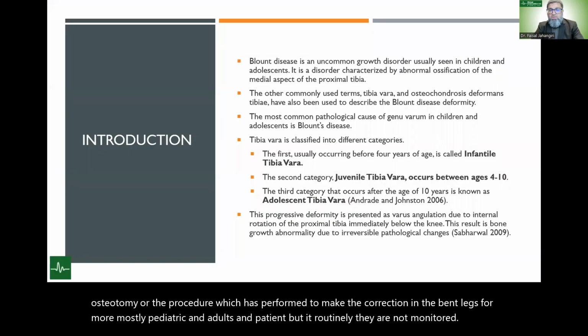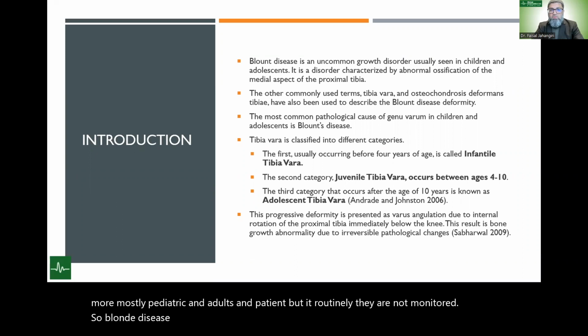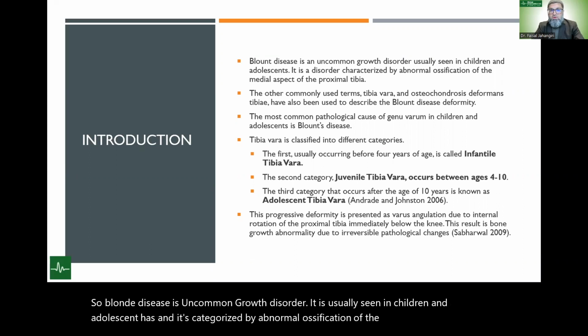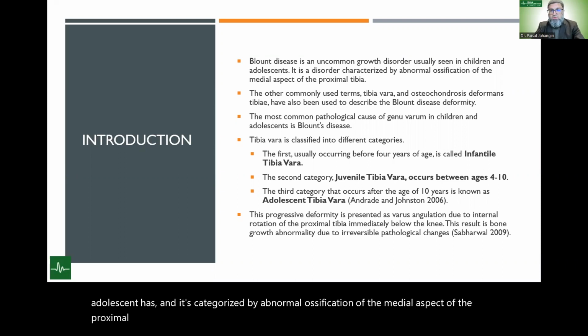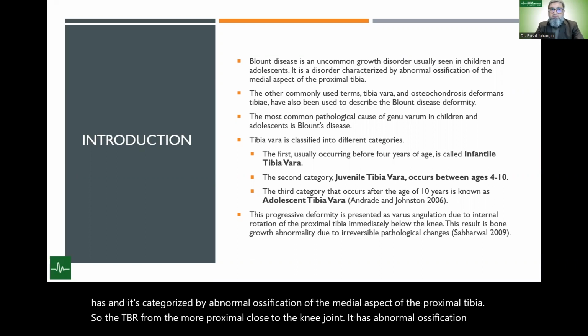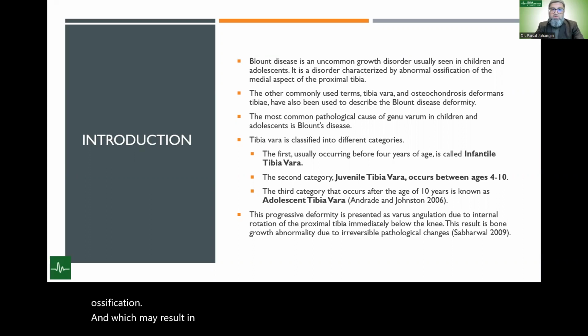So Blount disease is an uncommon growth disorder. It is usually seen in children and adolescents. It's characterized by abnormal ossification of the medial aspect of the proximal tibia. So the tibia, more proximal, close to the knee joint, has abnormal ossification, which may result in bending of the knee.